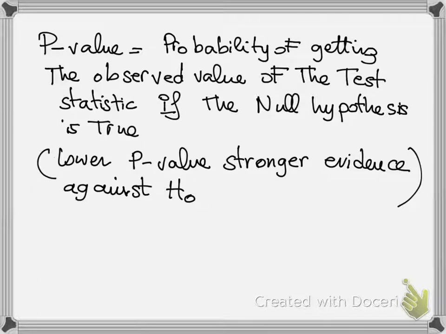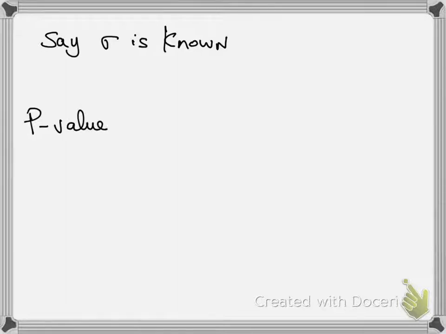And how do we compute the p-value? Let's say sigma is known, so the test statistic is given by the z-test.